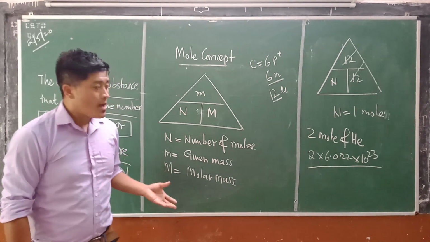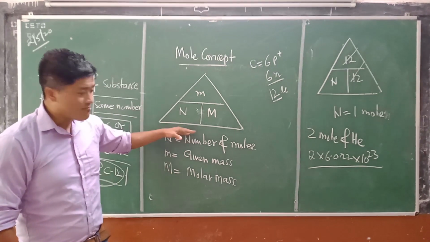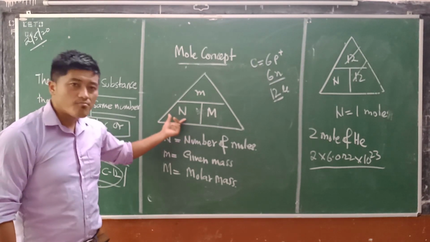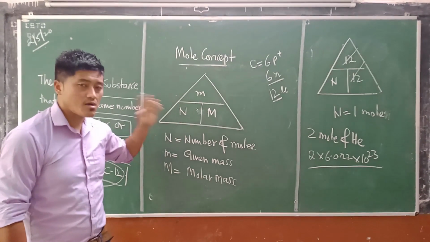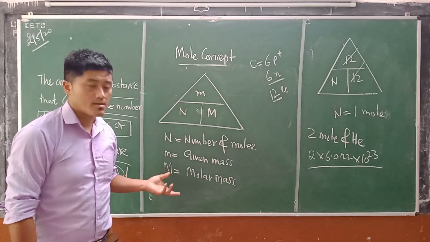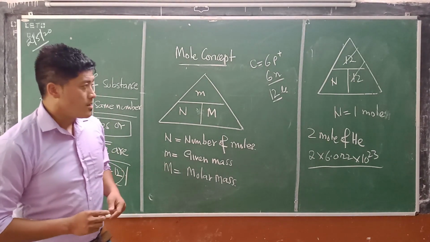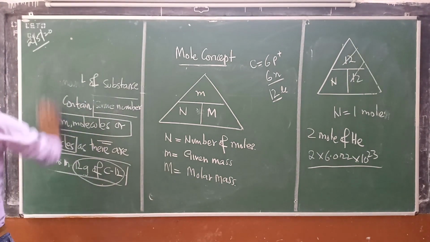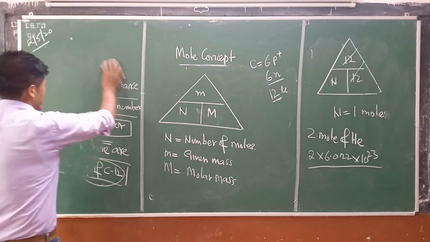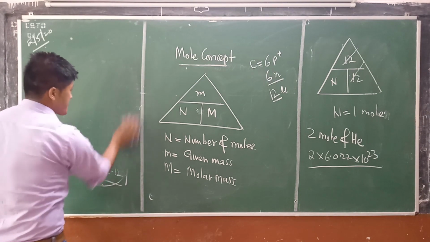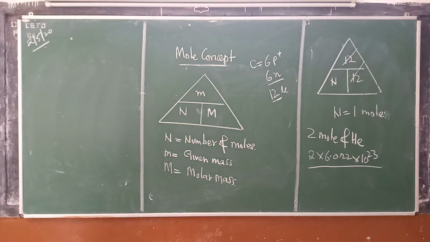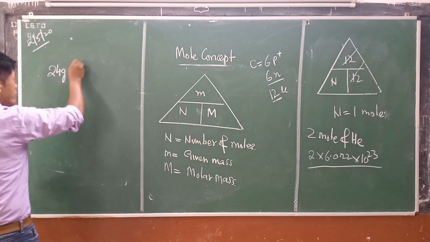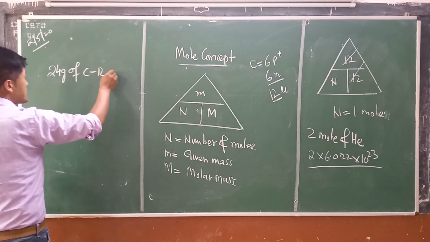This formula is very helpful in finding the number of moles from the given mass of a compound. For example, if they gave you 24 grams of carbon-12, how many moles are present?